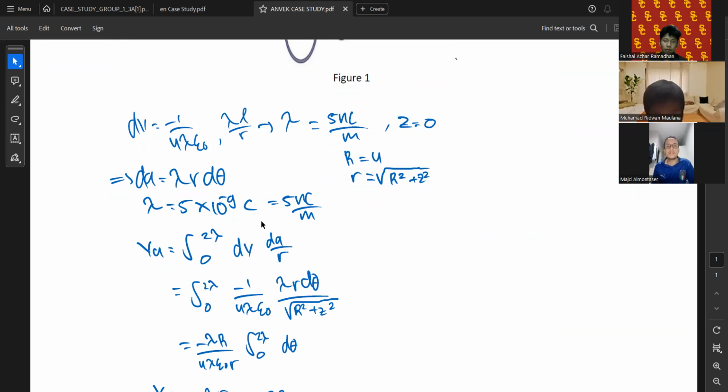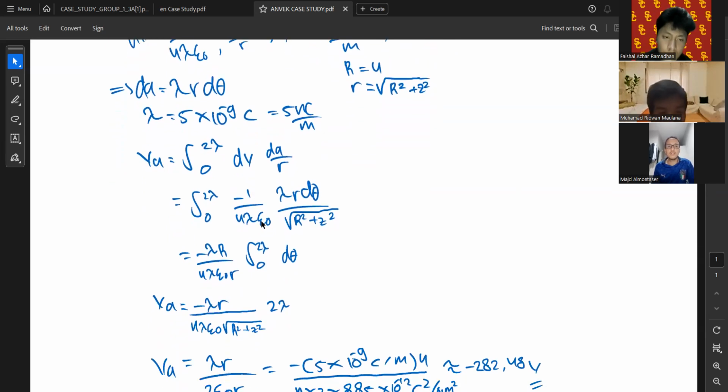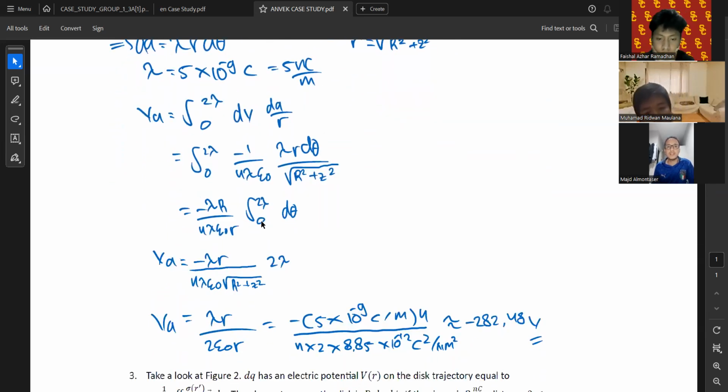We have now lambda equals 5 nC per meter and z equals 0. dq equals lambda r d theta, r equals the root of r squared plus z squared, lambda equals 5 times 10 to the power of negative 9 C per meter. V equals the integral from 0 to 2 pi of dq over r, equals the integral from 0 to 2 pi of 1 over 4 pi e0 lambda r d theta over the root of r squared plus z squared, equals lambda r over 4 pi e0 r, the integral from 0 to 2 pi d theta.